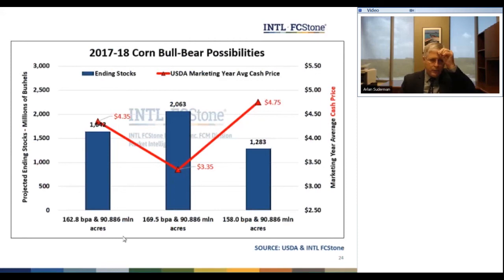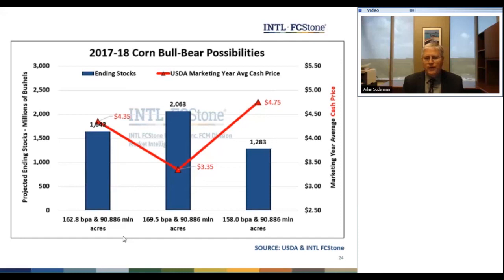That may see some adjustments after the FSA data just came out while I've been here. I don't put too much confidence in the August FSA data, a little bit more confidence in the September numbers. But we may see USDA adjust that acreage over the next couple of months, but for now that's what we have. And so I'm looking for ending stocks of $1.6 billion, which would argue for a marketing year average cash price of $435.